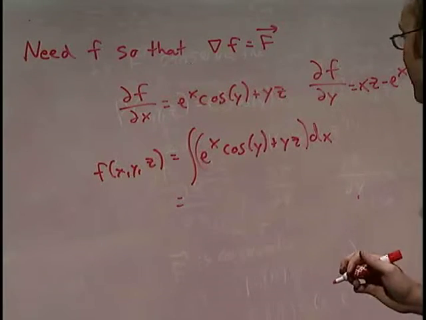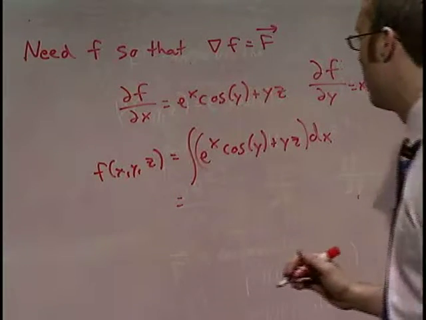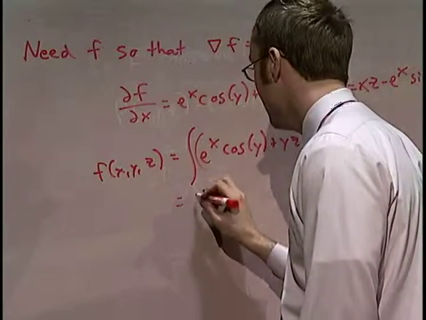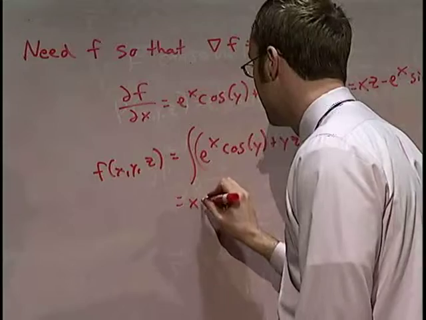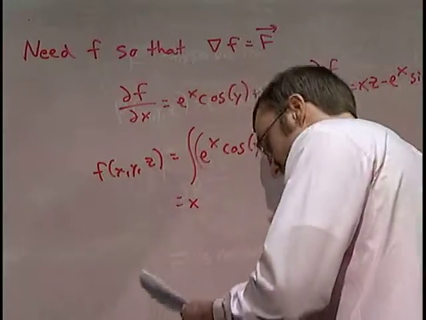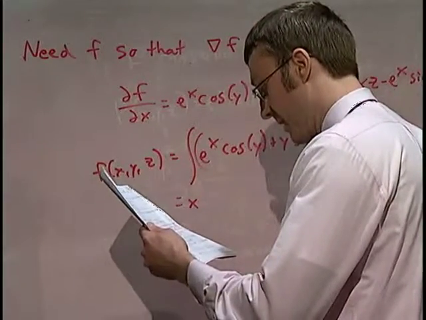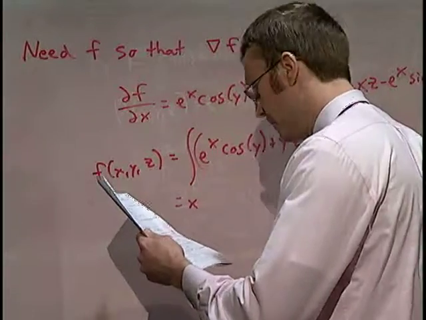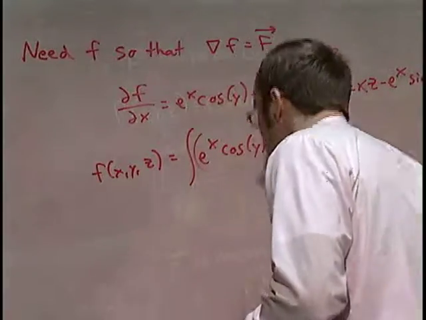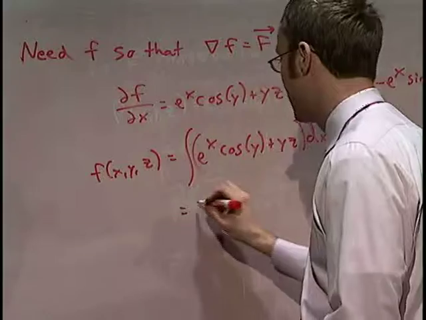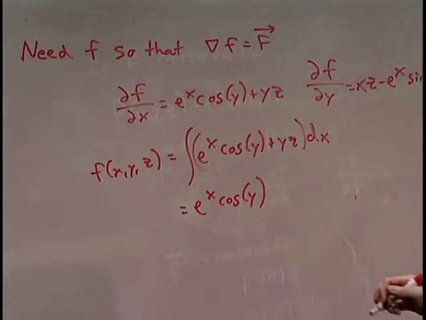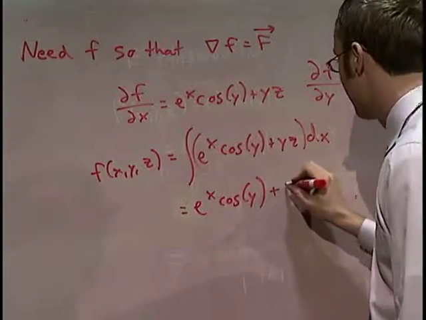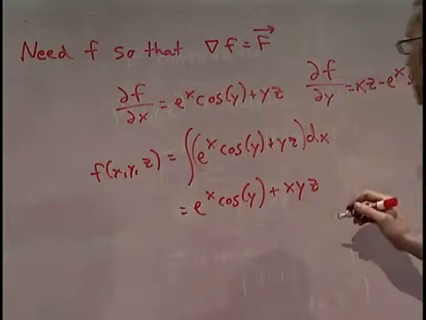Let's see. So this is e to the x cosine y, because y is a constant. I'm not thinking straight. And then over here, this is plus xyz, right?